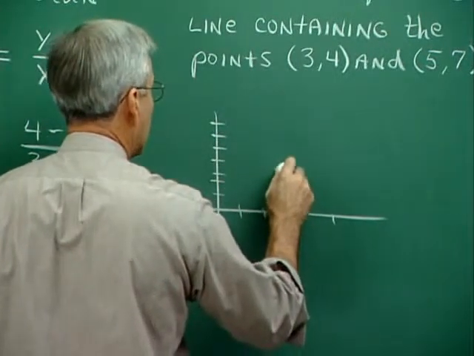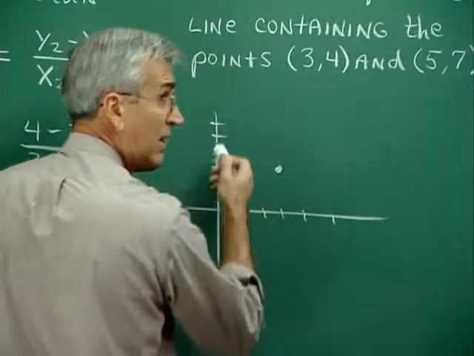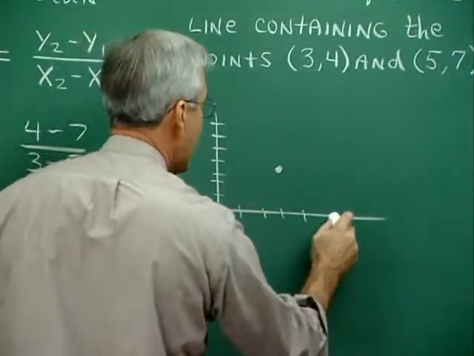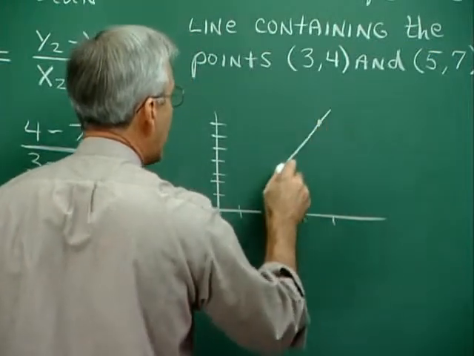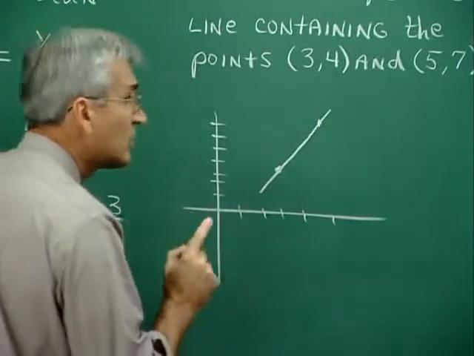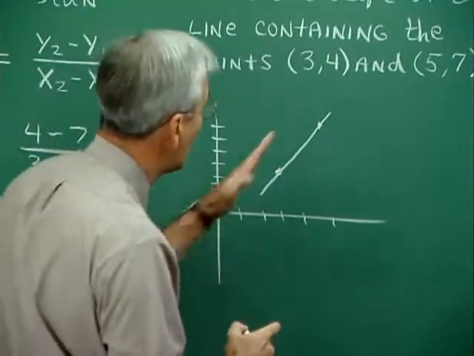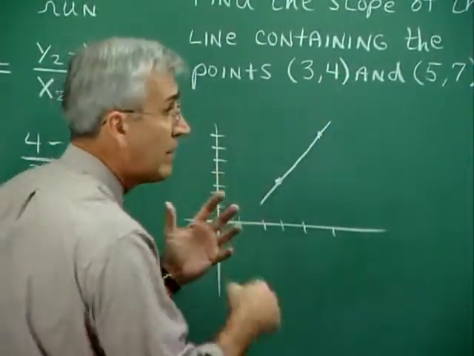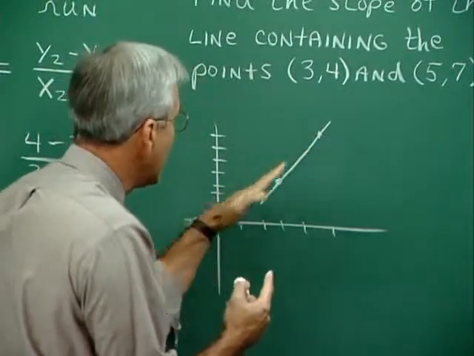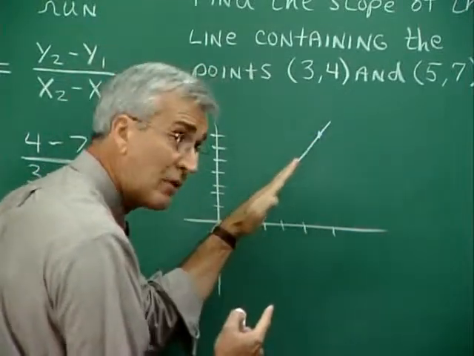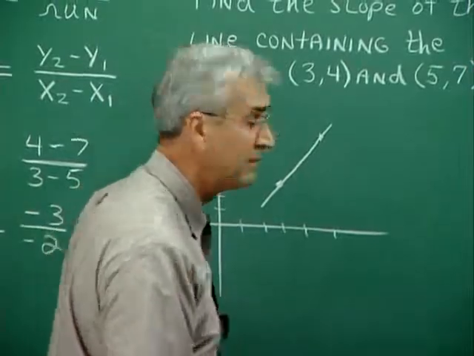I had to jam these just a little bit because I don't have a lot of room here, but let's see, and then 5, 7. That's up about right here. So yes, indeed, this is about what we would expect. A slope that is positive goes uphill from left to right. And because it's 1.5, it has a little more steepness than a 45-degree angle, which would be a slope of 1.